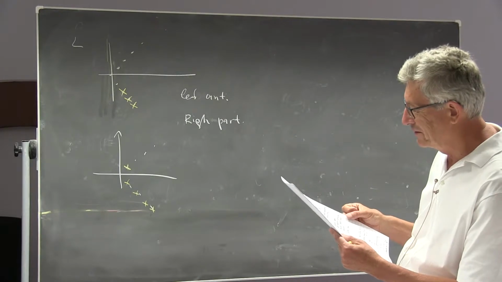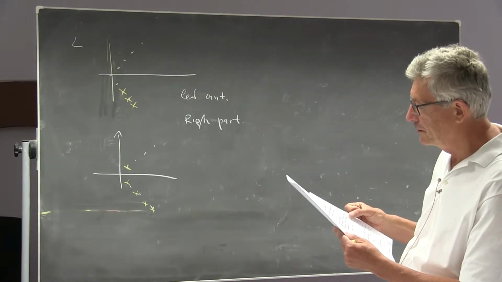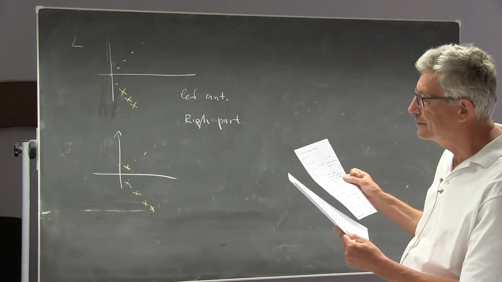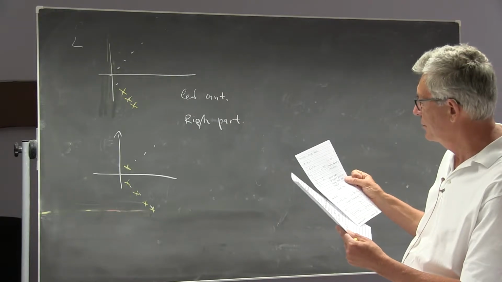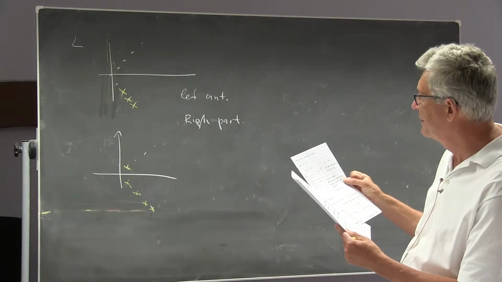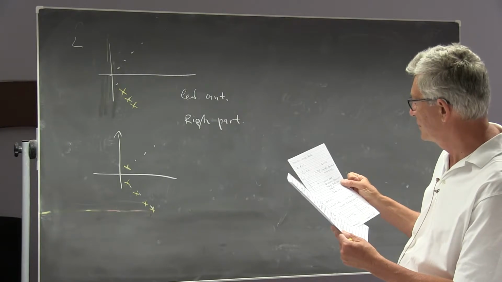So you have two right particles generated. Yeah. Not fermion number. Just 1 second.